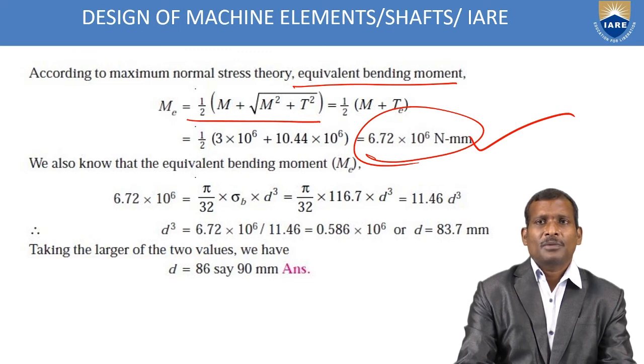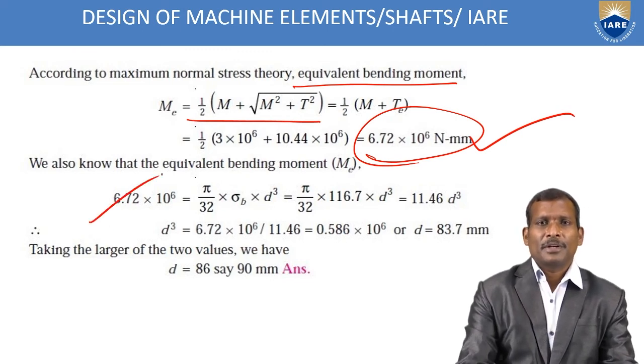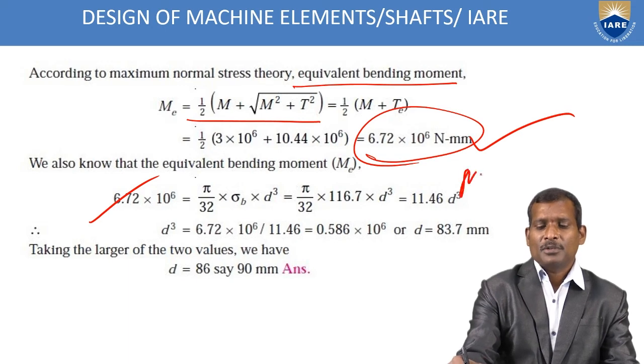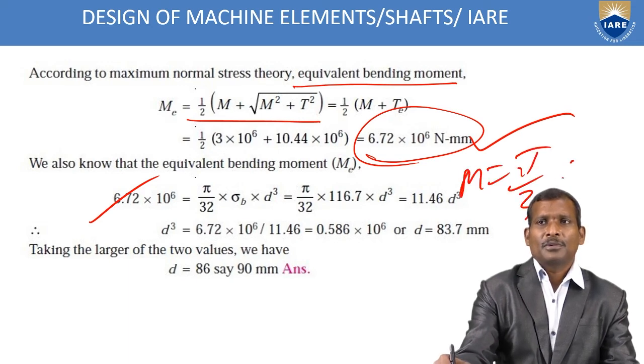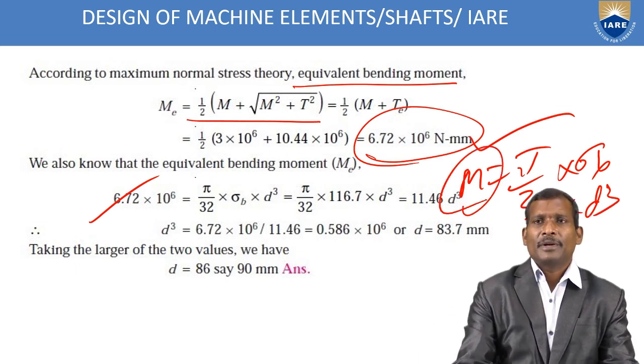We also know that the equivalent bending moment is equal to pi by 32 into sigma b into d cubed. Already you know M is equal to pi by 32 into sigma b into d cubed. This is only the normal bending moment, when the shaft is subjected to bending moment only.